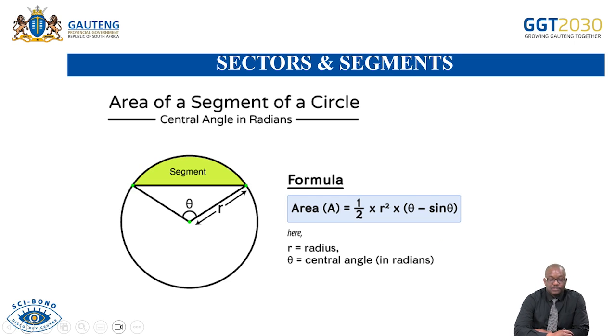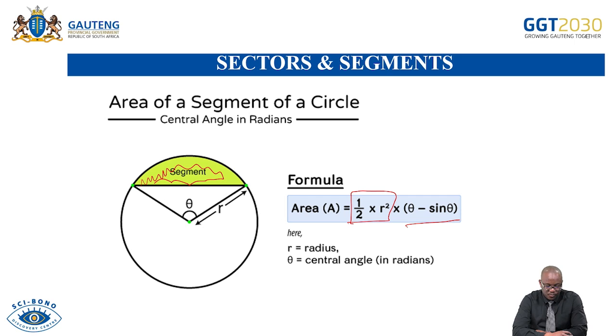Okay, so now when we're talking about the area of a segment of a circle, remember a segment, we are talking about this shaded part. For you to determine the area of a segment, you must first get the area of a sector, and then you subtract the area of a triangle.